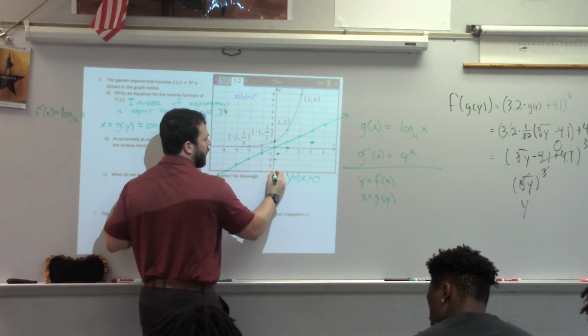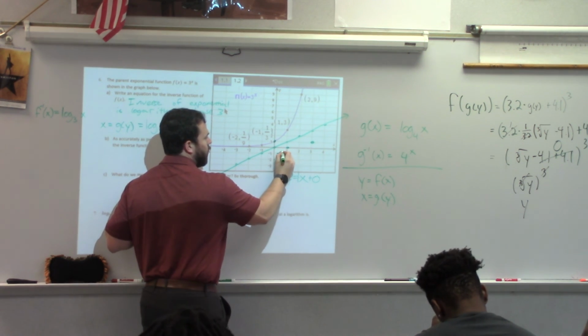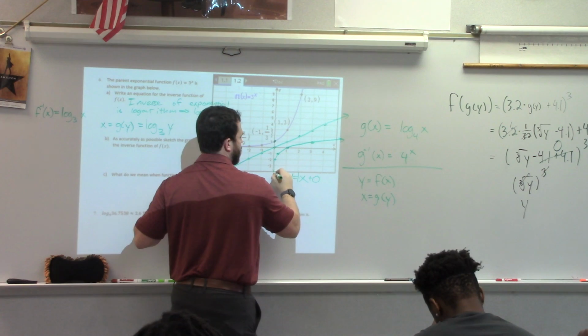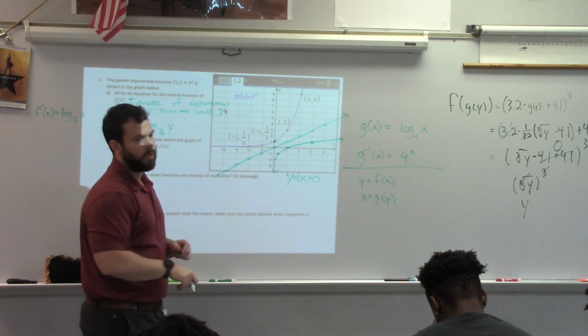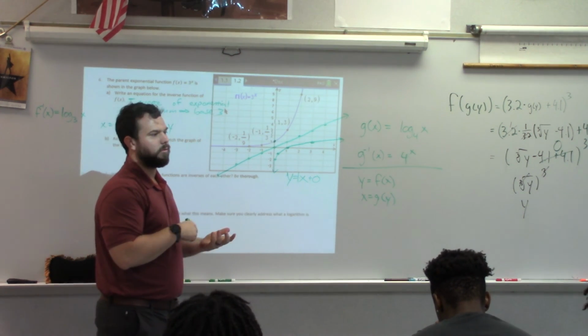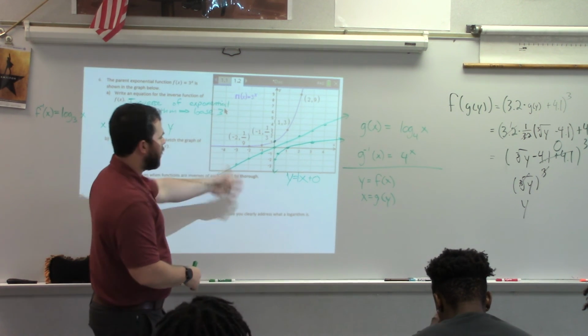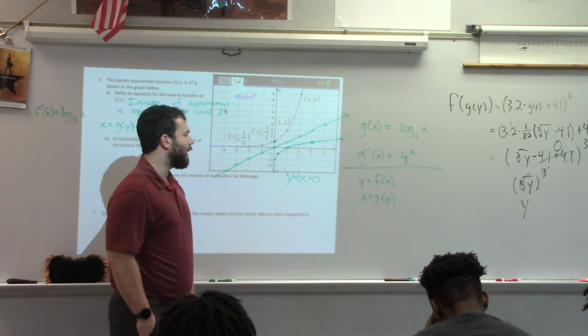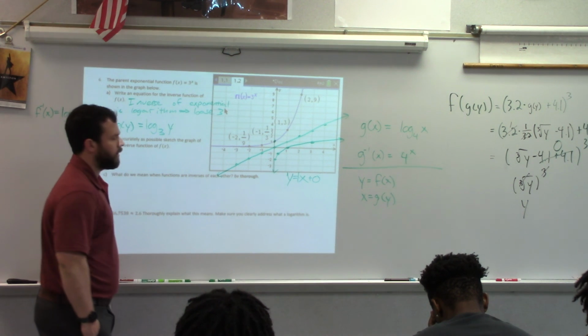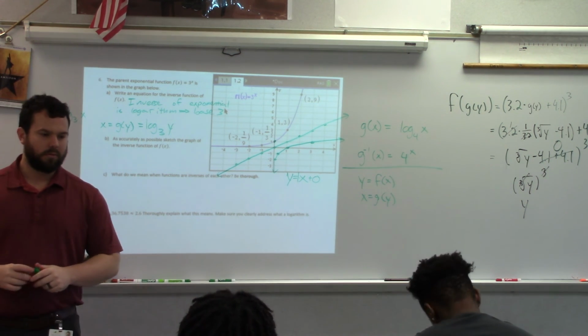And (-2, 1/9) became (1/9, -2). And remember, it has to approach the y-axis. I understand struggling with trying to reflect it, but you gotta know that it's approaching the y-axis, and it should never cross that y-axis.